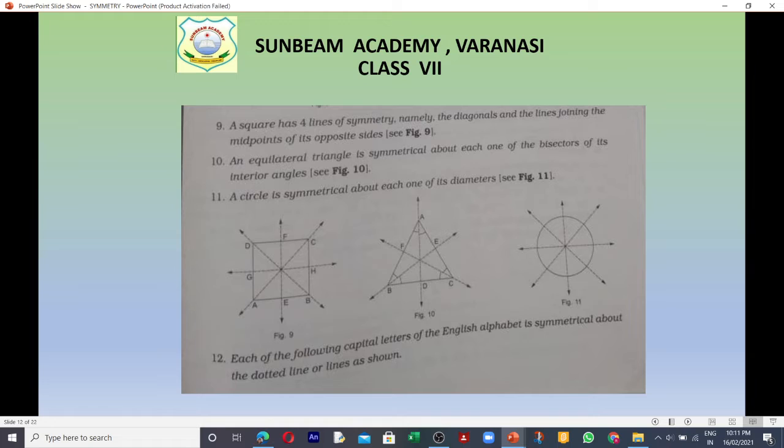If 3 sides, then 3 lines of symmetry. If 4 sides, it will be a square, then 4 lines. If regular pentagon, then 5 lines of symmetry. The circle is symmetrical about its diameter.